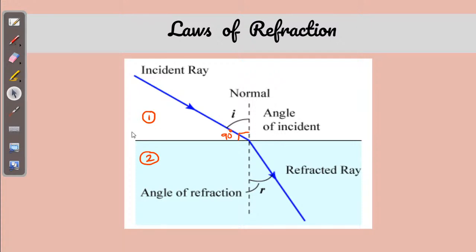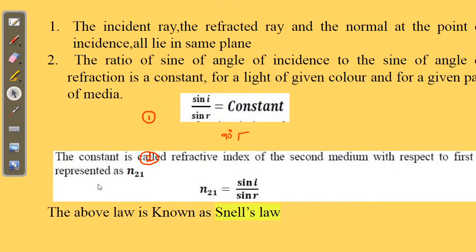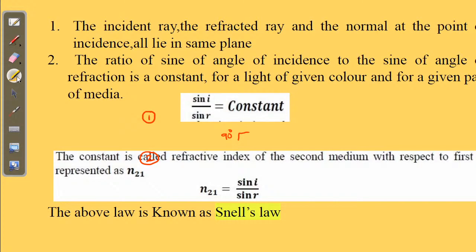Now, the first statement of the laws of refraction is very similar to that of the laws of reflection. What is the first statement that we studied in the laws of reflection? The incident ray, the reflected ray and the normal at the point of incidence all lie in the same plane.